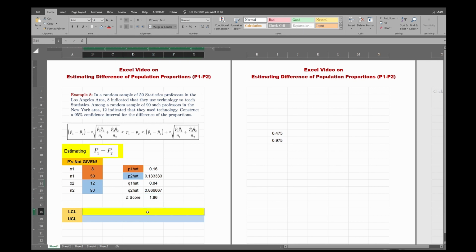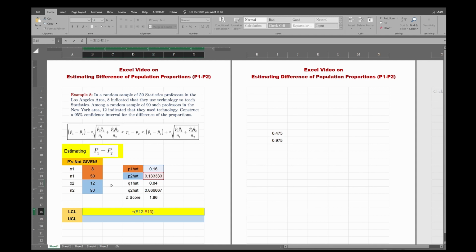Now, the lower confidence limit at this point will be, so here it's time for me to just replicate the formula, which will be equal to parentheses P1 hat minus P2 hat. So P1 hat minus P2 hat. I'm basically just clicking on whatever the formula is telling me to use.